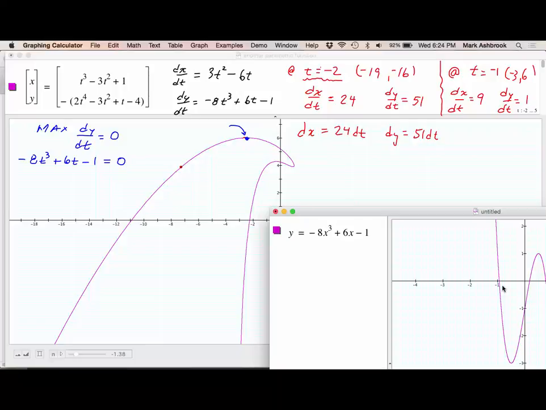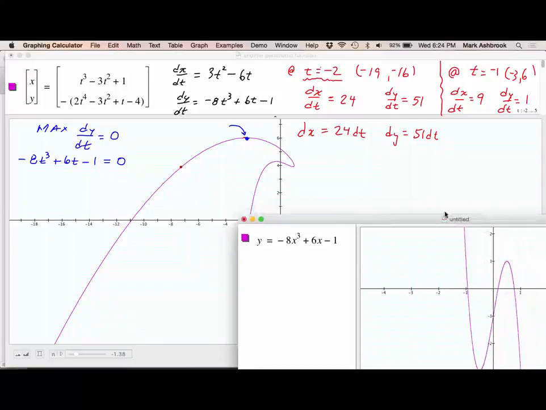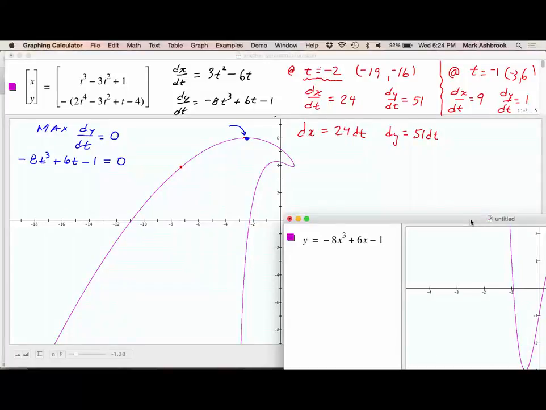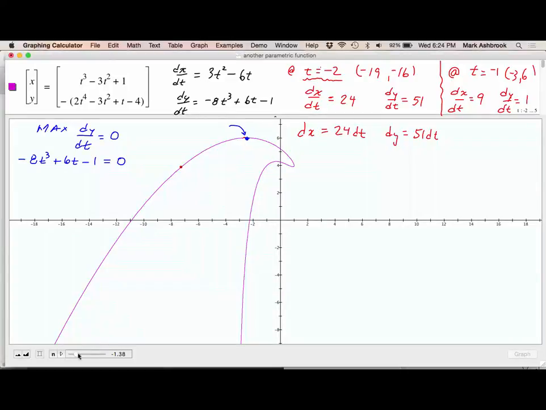No, those are t values. What's going on? Positive one. Oh, right, okay, t values. So our t value is close to what? Right, very good. So the t value at the top is close to negative 1. Okay, so the value of t at that maximum point is close to negative 1.